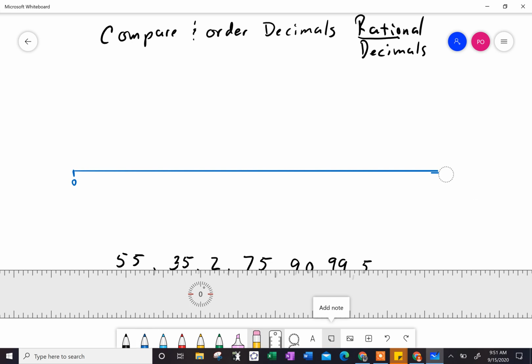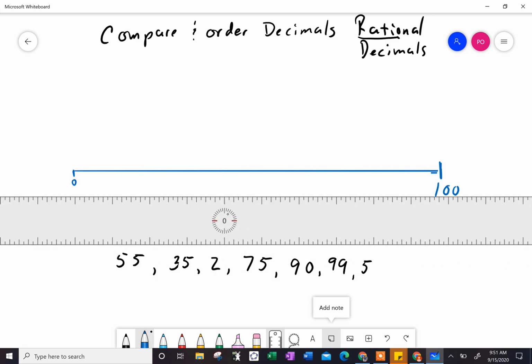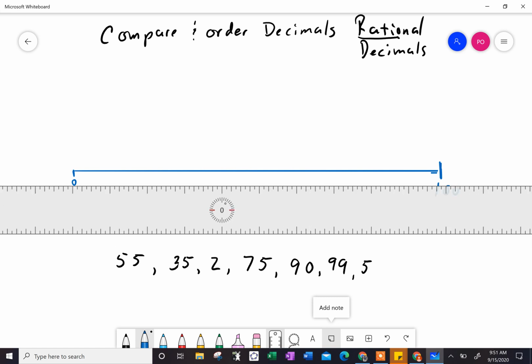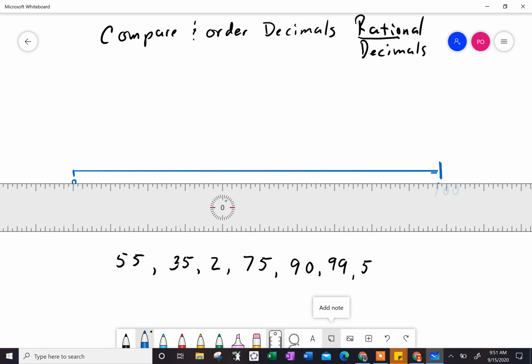Now, if you can't do that, you're going to have to do the best you can. If that's 100, I know that halfway between 0 and 100 would be 50. Now, it doesn't ask for 50, but there it is anyway.